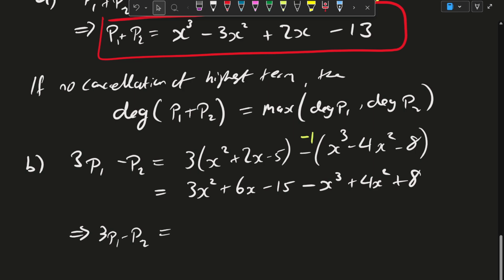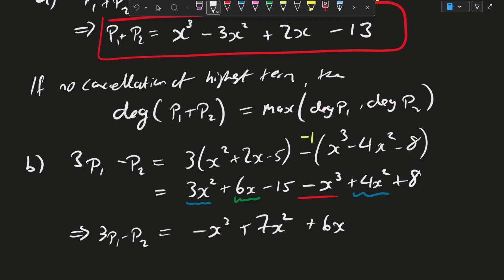So now what we'll do is, again, we'll just collect the terms. So we have an x cubed, that's the only x cubed you have there, so we have a minus x cubed. X squareds, well, we have a 3 and a 4, so adding them together we get plus 7x squared. The x's, again, we only have one x term, so that's plus 6x.